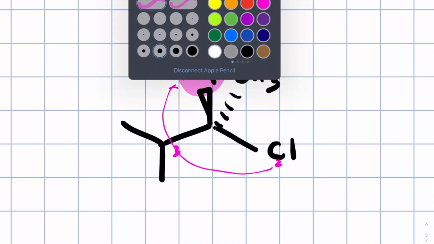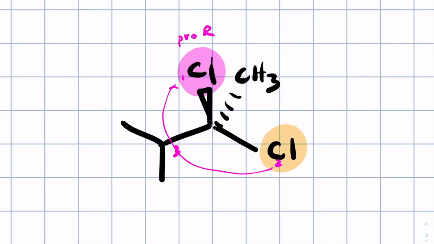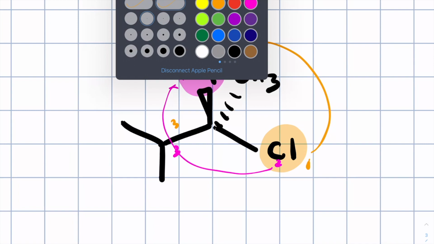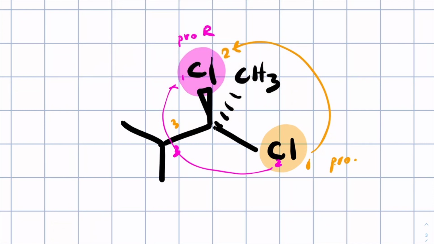Whereas if we made this chloro the heavier isotope, 3, 1, 2, 3. That's counterclockwise. We would call this the pro-S chloro group. All right, pro-R, pro-S. Any questions about that?